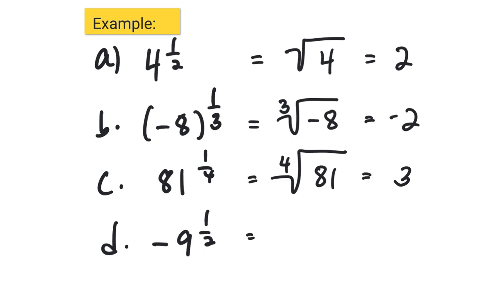And this is going to be a special case because what is raised is only the 9. It's not really on the negative 9 as a whole. So we can write that as negative times the square root of 9, which is going to give you negative 3.